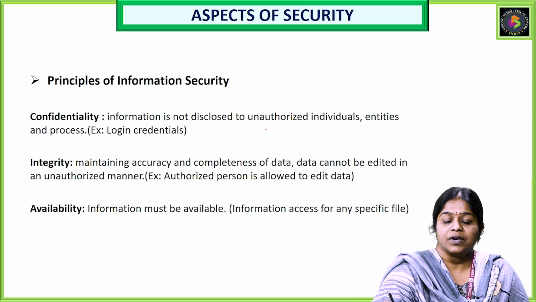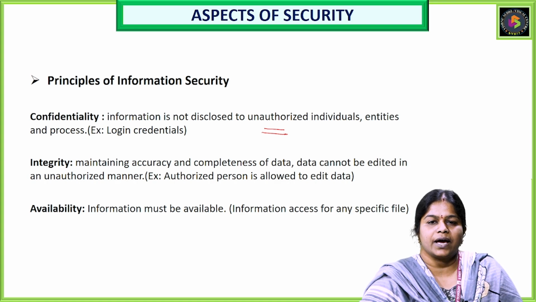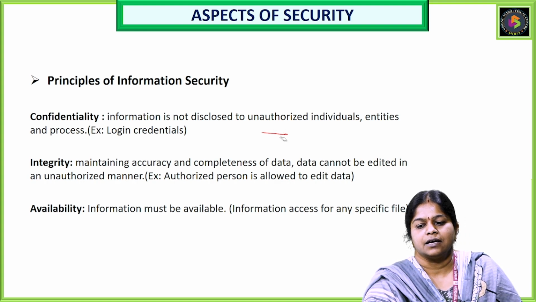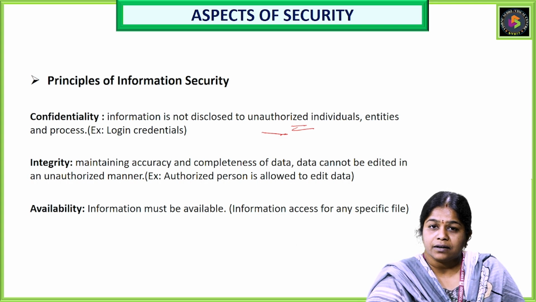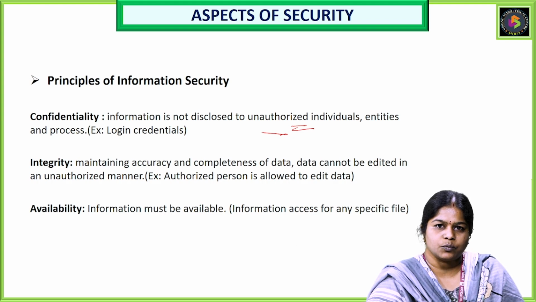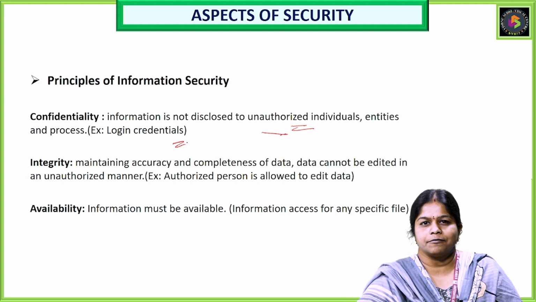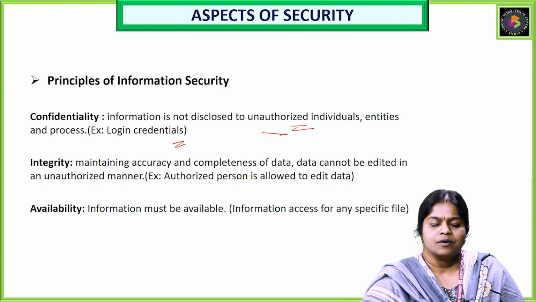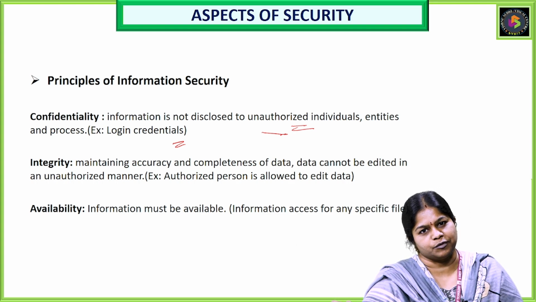That is, the information shouldn't be disclosed to any unauthorized entity. So we have to maintain confidentiality on a particular network during information transmission. The best example we can discuss here is login credentials. We have our own login credentials, and with the help of these login credentials, only the authorized person will have access to the information.